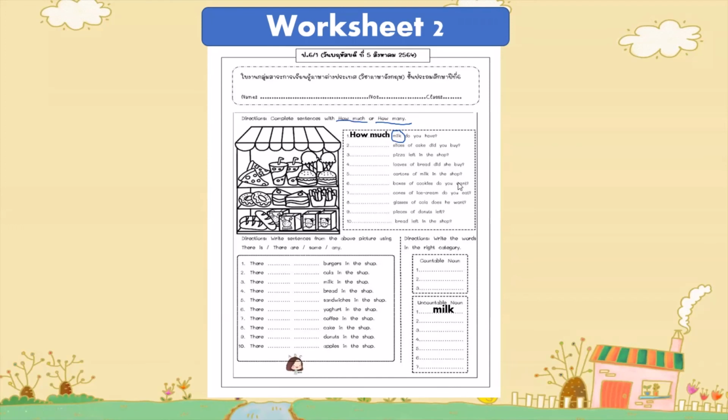Now you can put the rest of the food in here, okay? What food should you put here? Slices of cake, pizza, loaves of bread. Loaves of bread is plural, okay? Carton of milk, boxes of cookies, cones of ice cream, glasses of cola, pieces of donuts, and bread.